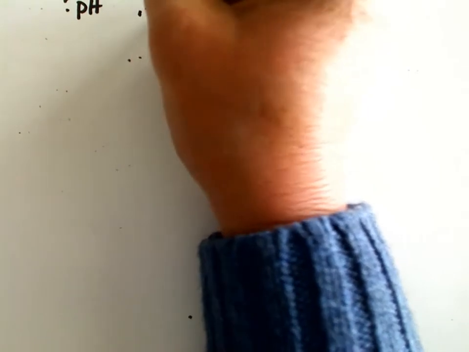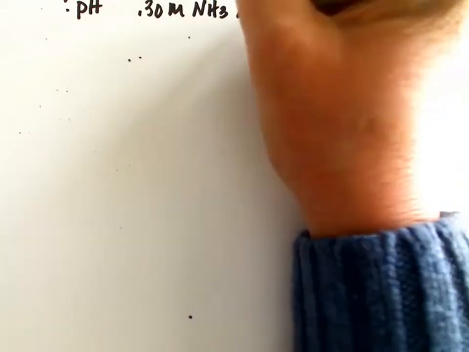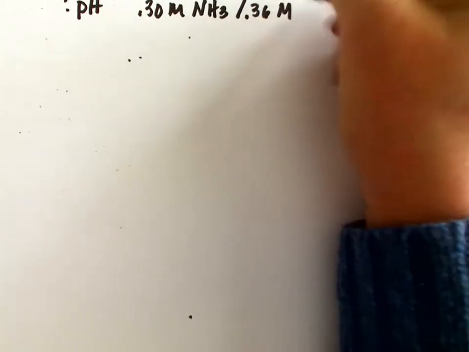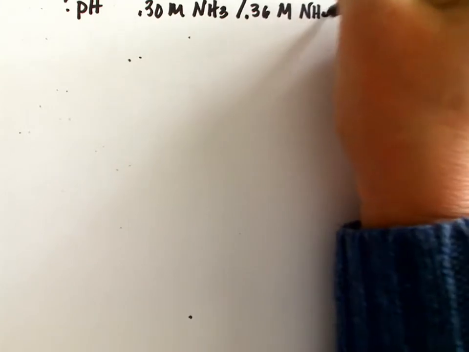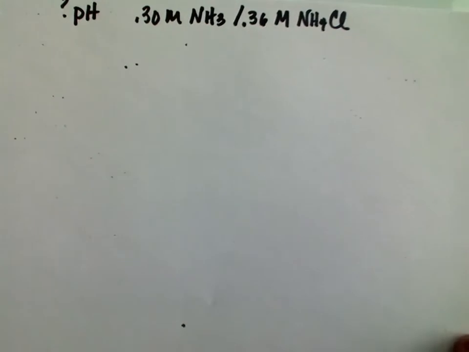And we again are going to determine the pH of this buffer solution that is 0.30 molar in ammonia and 0.36 molar in a salt, ammonium chloride, that contains the conjugate acid of this weak base.